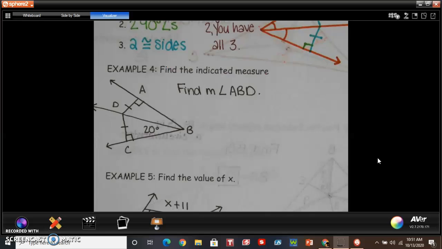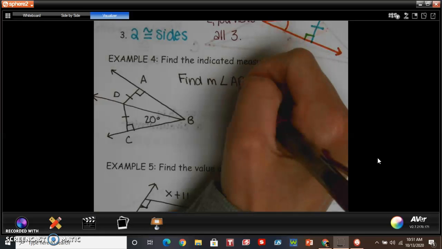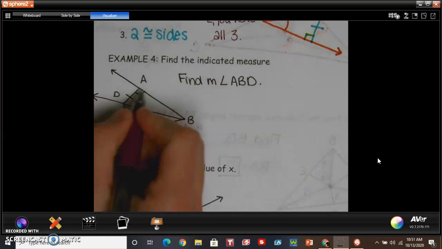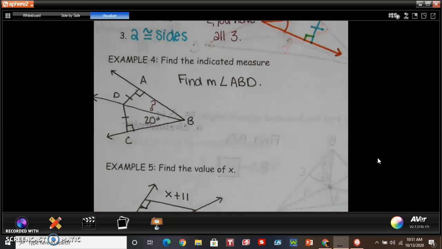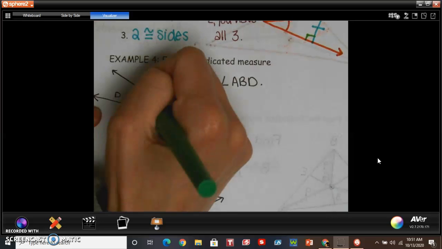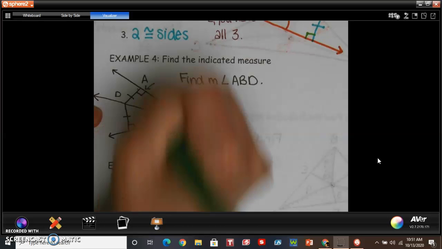Alright, so let's continue. Example 4, find the indicated measure. They want to know what the measure of angle ABD is. So here's what they want to know right there. First thing I notice is I have 2 right angles. That's good.